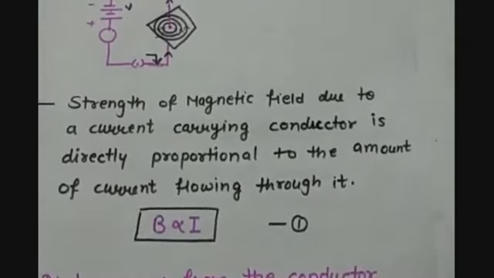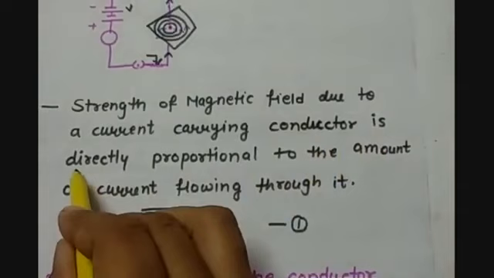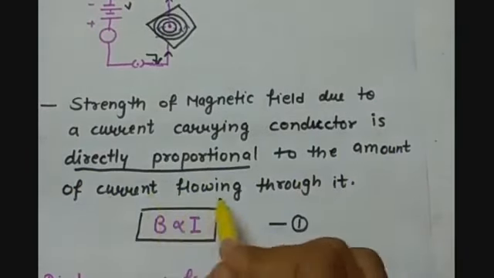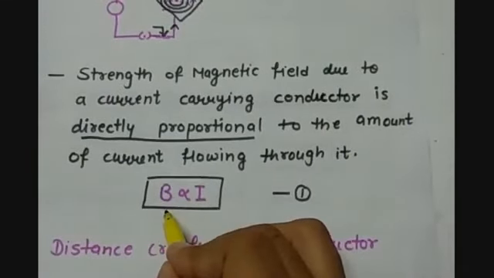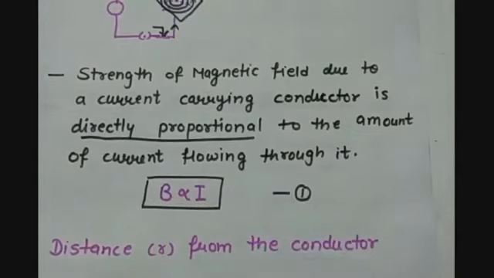So we can say that the strength of the magnetic field due to a current carrying conductor is directly proportional to the amount of current flowing through it. So B, the magnetic field strength, is directly proportional to the current I flowing in the circuit. This is our equation number 1.